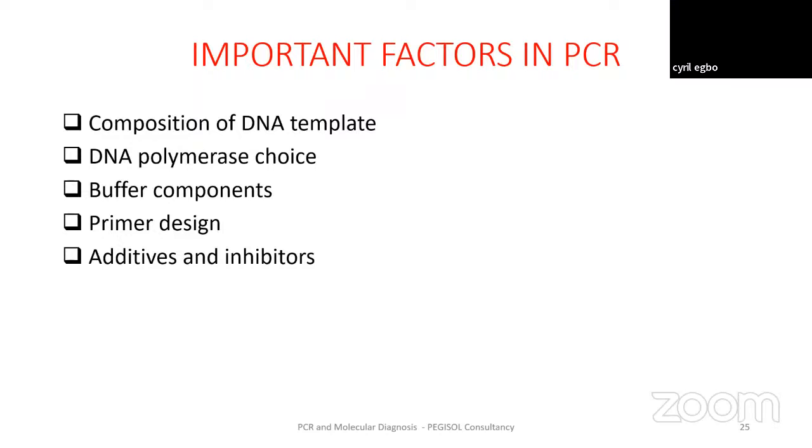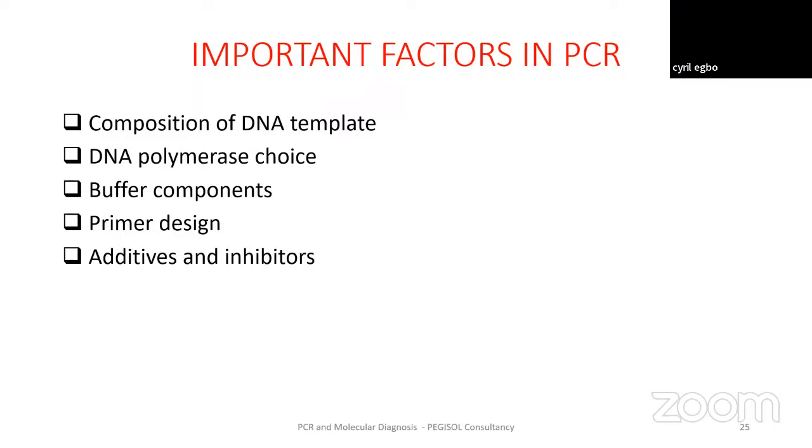So that is the principle at which PCR machines are operating. Then buffer component can equally affect the reaction. Then another one that I would like to throw a little light on is the primer design. We have the ideal length of any primer should be between 18 to 22.